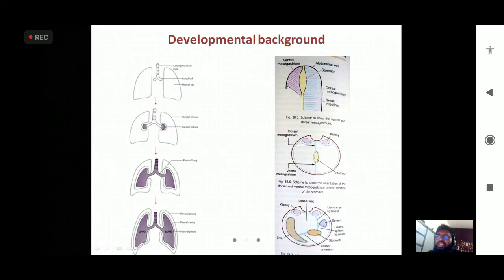Now let us add two more organs, the liver and the spleen, to this picture, and now see it is becoming complicated. Now liver has entered into the ventral mesogastrium and spleen into the dorsal mesogastrium. Now you can see the picture is getting complicated by the presence of the liver, then the stomach, then the spleen, then the kidney. So lienorenal, gastrosplenic, this is the dorsal. As the spleen is accommodated within the dorsal mesogastrium, it could be the modifications, the lienorenal ligament and gastrosplenic ligament.